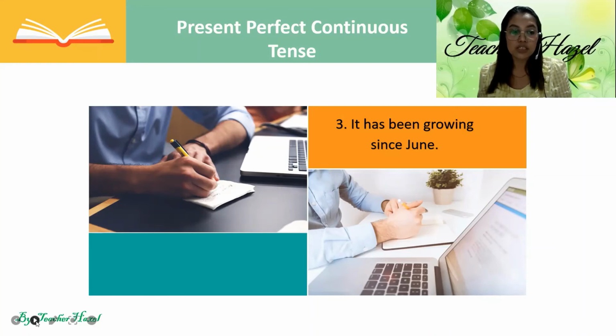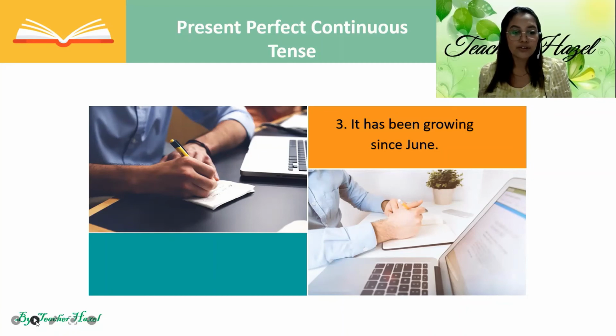Here we use since, not for. What's the difference? We use a specific point in time with since. We don't say since 2 years or since 2 hours. We say when the action started, since June.